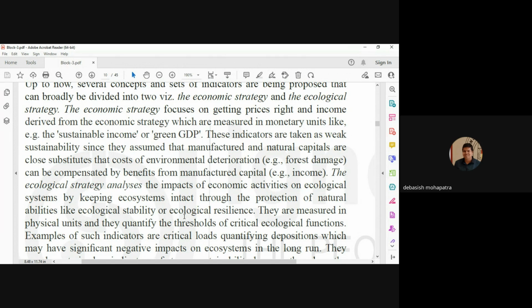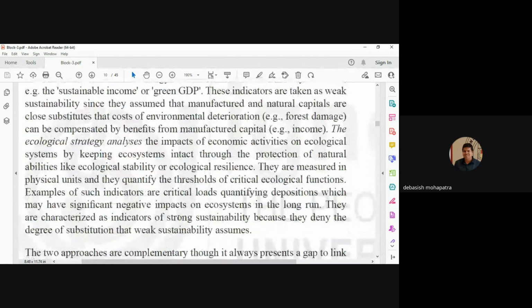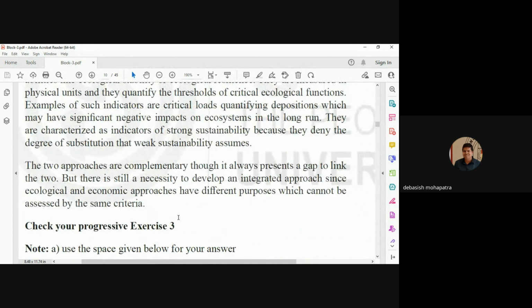So they are measures in physical units and quantity, and they hold a critical ecological and functional role. Examples of such indicators are critical load quantity deposition, which has many significant negative impacts on the ecosystem.